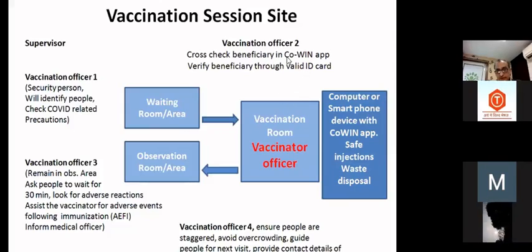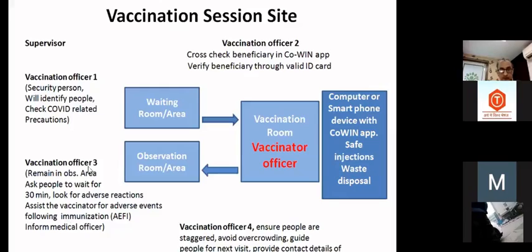Then the vaccination officer 2, a nurse or a medic, will cross-check whether his name is there in the COVID platform. He will show his valid ID proof to the vaccination officer. Then he will get vaccinated, one at a time. Once he is vaccinated, he will go into the observation room where he will be observed for 30 minutes for any side effects.